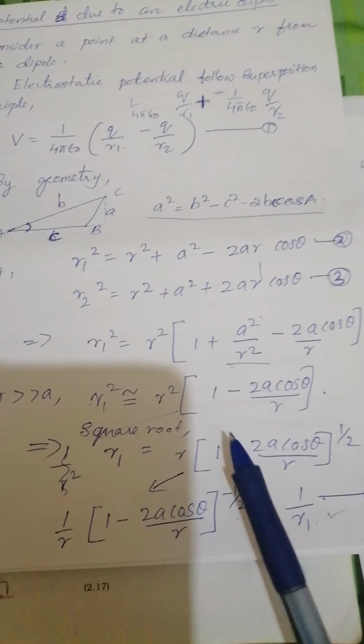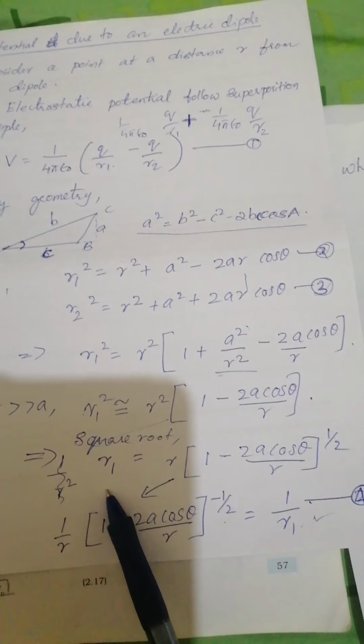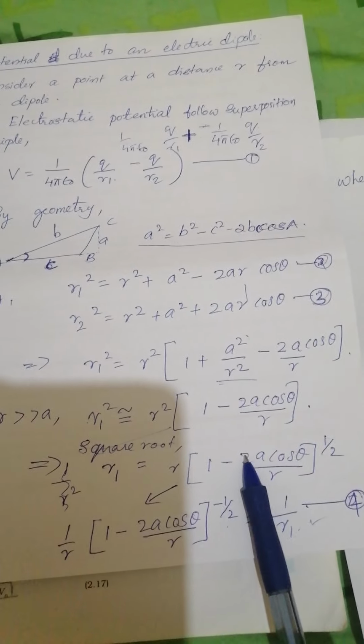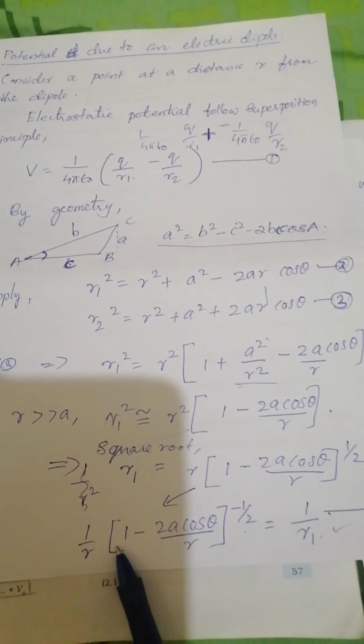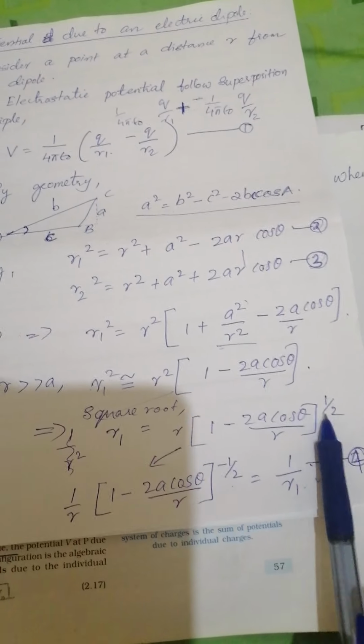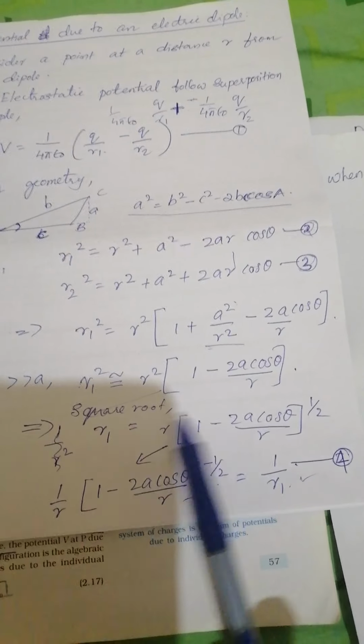So we are just rearranging this equation, that is we are taking LHS into RHS and RHS into LHS. When we take the RHS side into the LHS side, what happens?